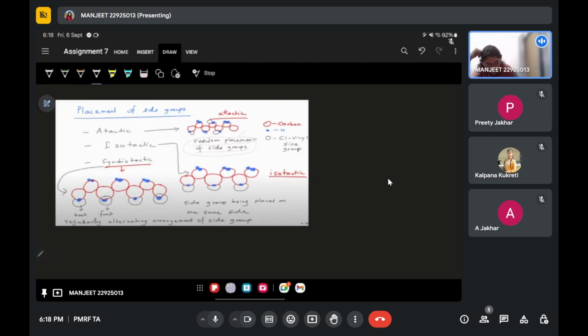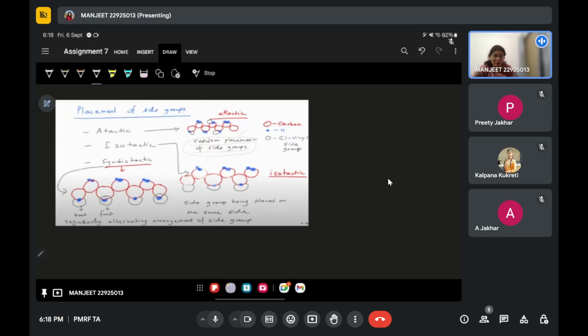And if I talk about the isotactic, in isotactic the side groups are on the same side. If this one is my carbon atom, this hydrogen is on the front side, this hydrogen on the front side, and again this hydrogen on the front side, and you can see the vinyl side group is on the back side.